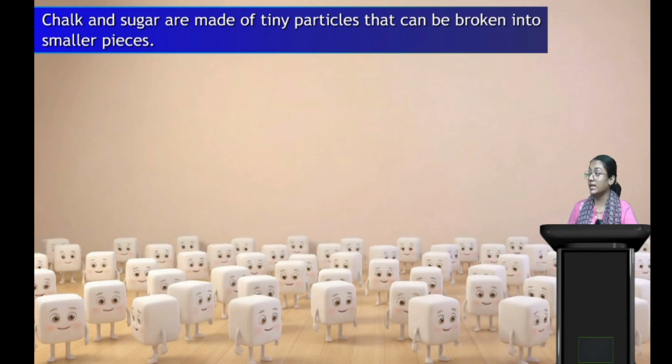So from this we can say that chalk and sugar are made of tiny particles that can be broken into smaller pieces. All these things are made up of small tiny particles which we call constituent particles. So here are two examples, chalk and sugar. In both cases, these objects are made up of small particles which we call constituent particles. Clear everyone?